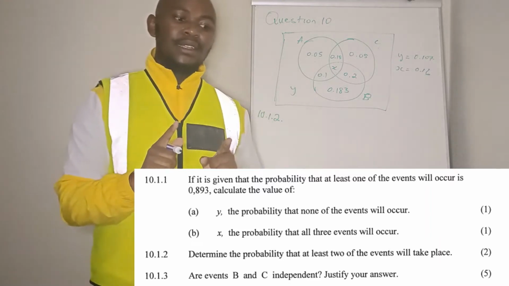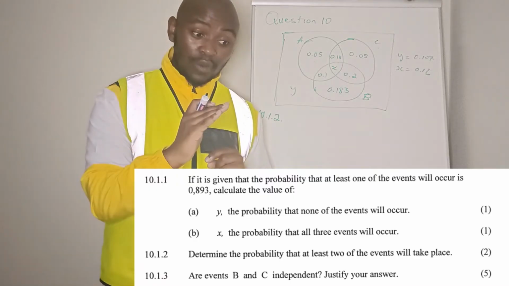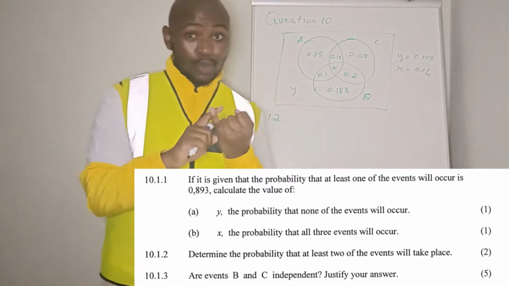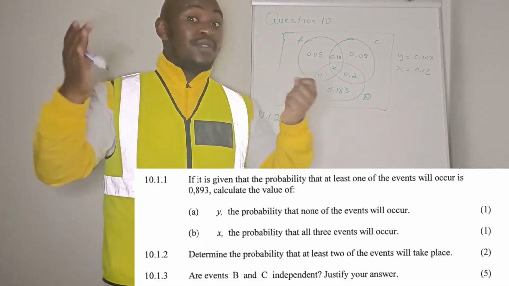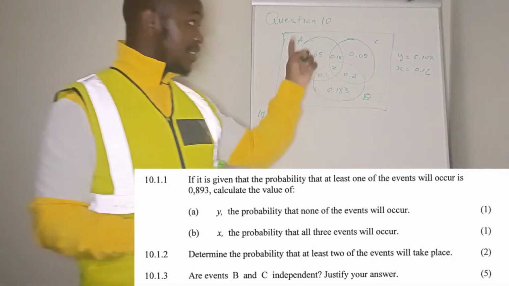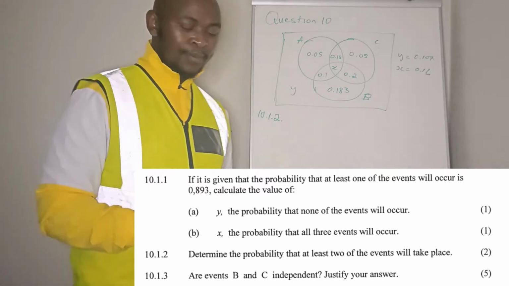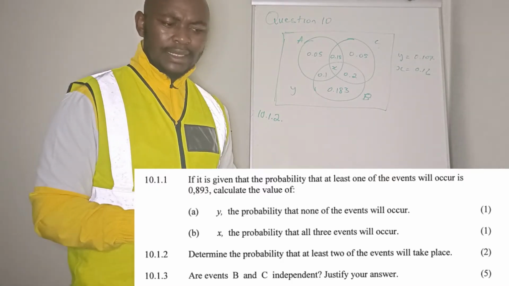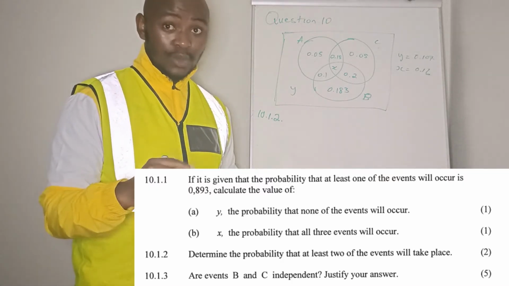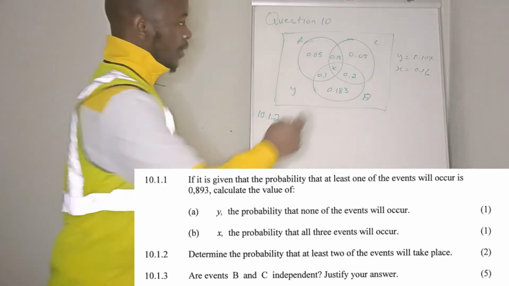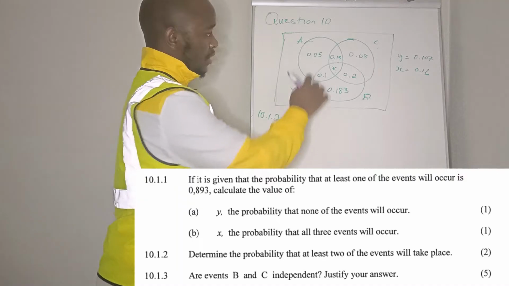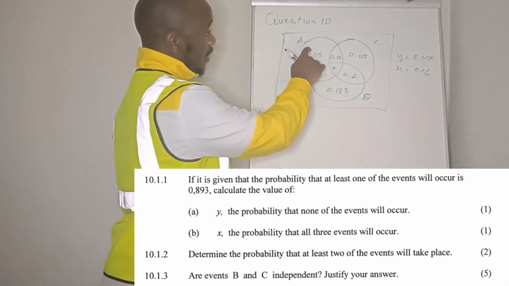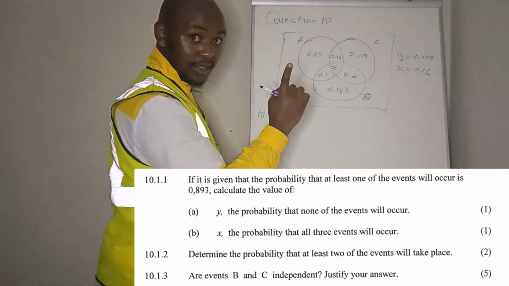So when they say the probability that at least two of the events can happen, we can consider when two events occur, or when three events occur, or five or eight. But in this case, we only have three events. So when we look at the probability that at least two of the events will occur, first, this one is the probability that A and C occur.